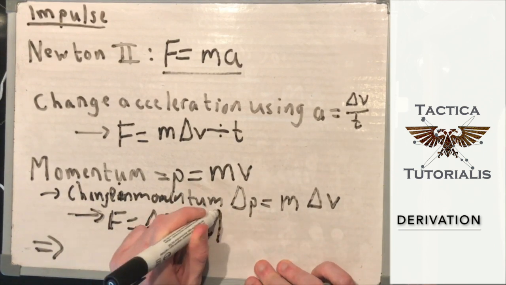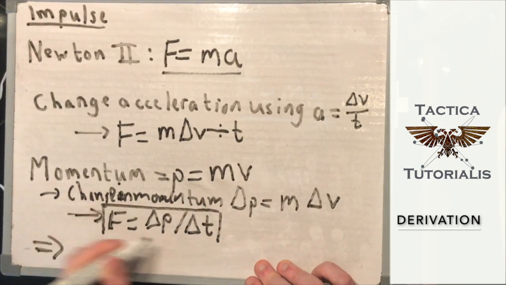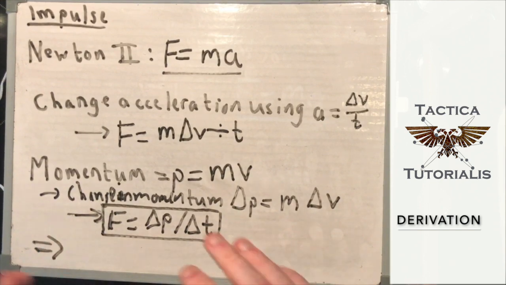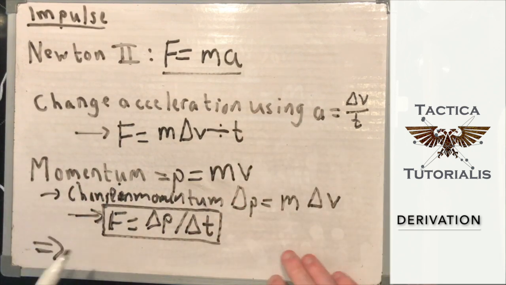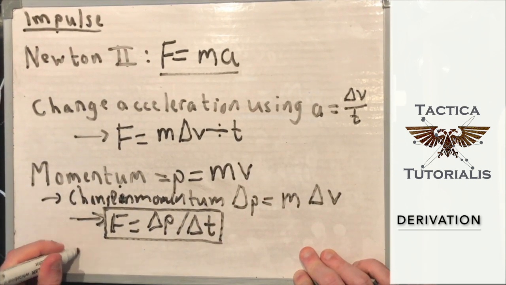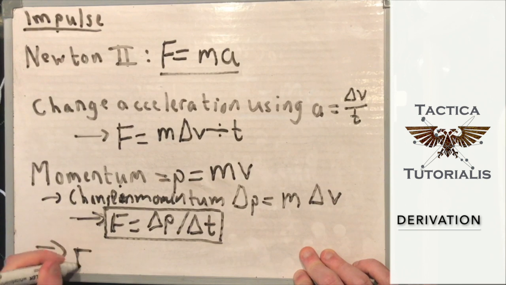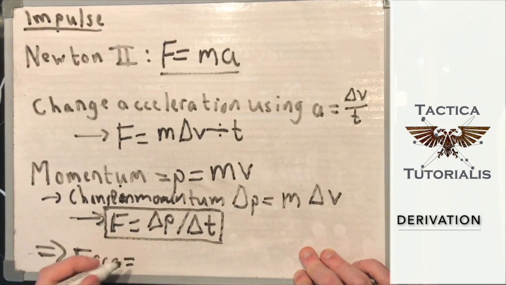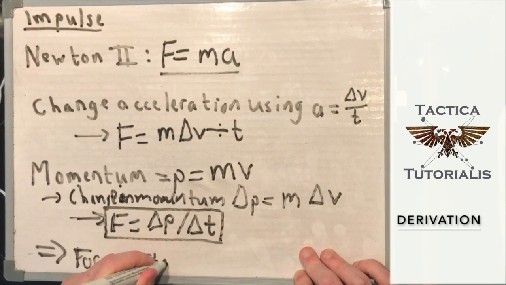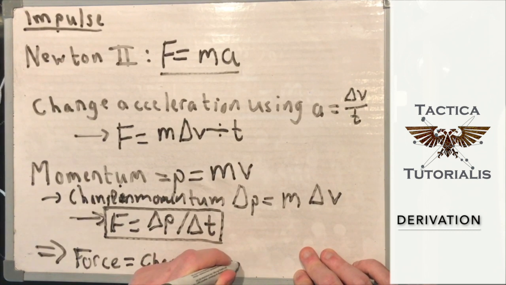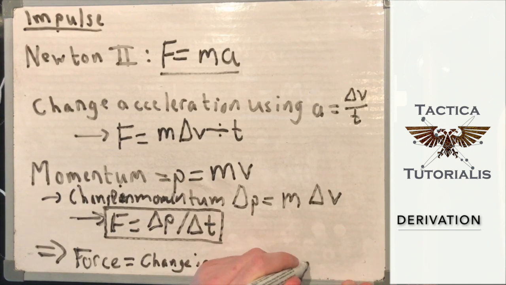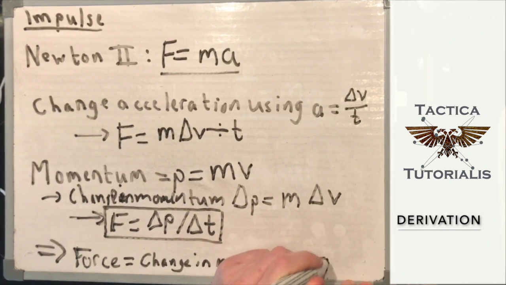Now, remember what I said at the start of solutions. Delta t and t, in this context, it's a bit of a squaring the circle problem, but they mean the same thing. So what that means is, and this is the formula that you need to take away from today, force equals change in momentum divided by time.